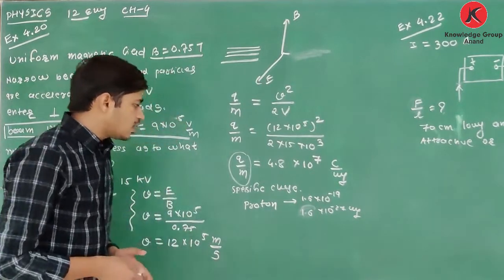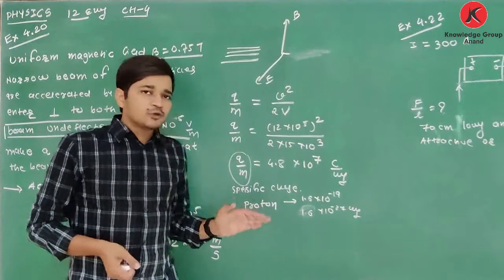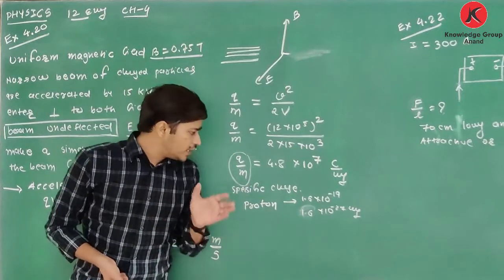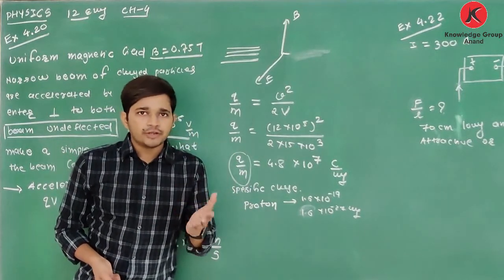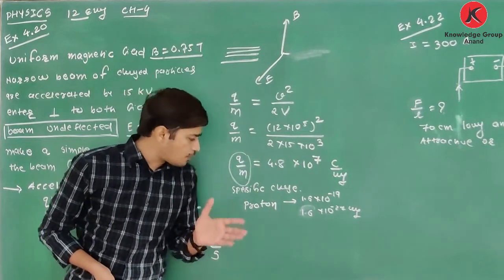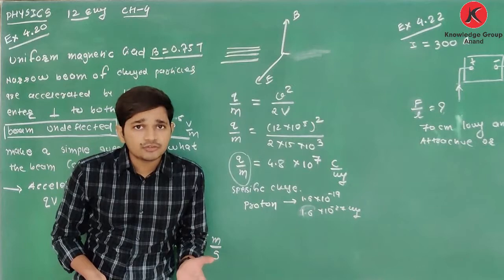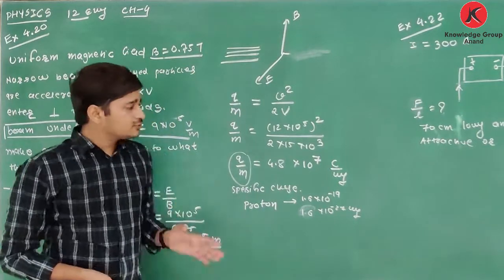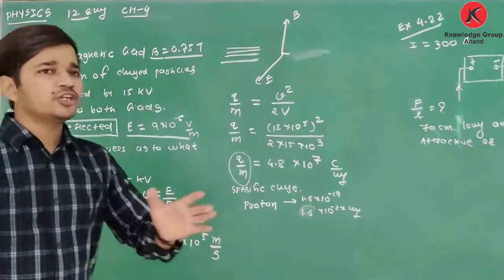Similarly, find the q upon m ratio for electron, for deuterium, for tritium, for such particles. And there is one more question: is your answer unique or not?